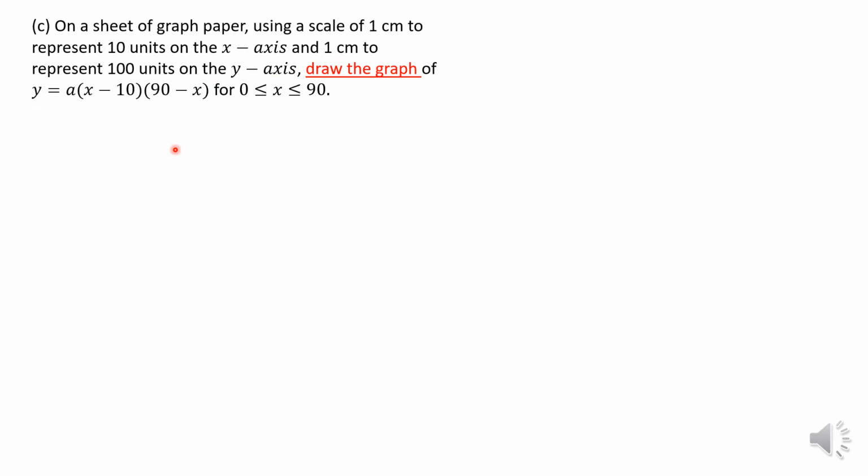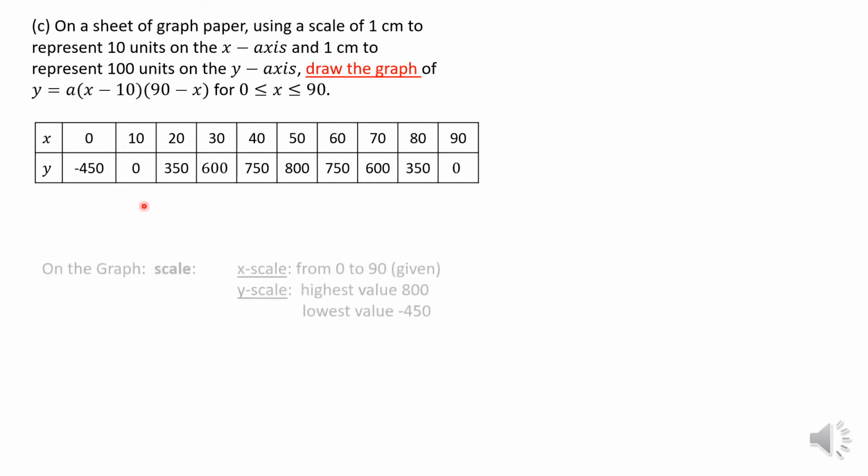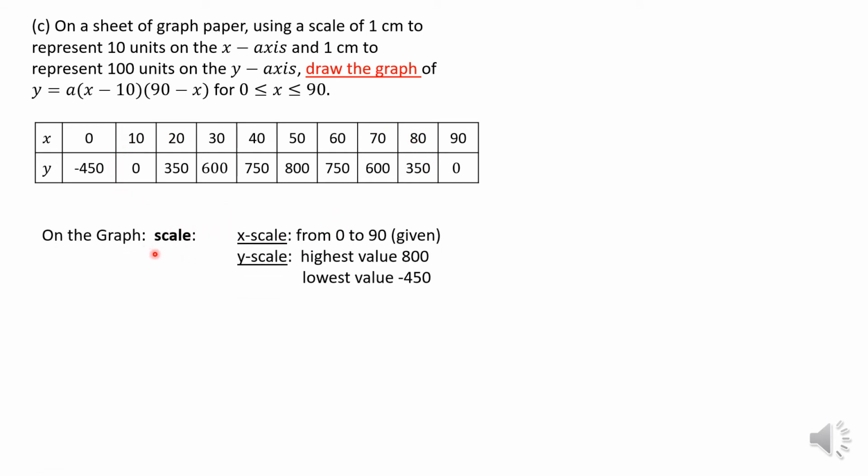Now they want us to draw this on a sheet of graph paper. We are going to use a scale where 1 centimeter must represent 10 units on the x-axis, and 1 centimeter must represent 100 units on the y-axis, and then we draw the graph. Let me bring my completed table back here. If I look at my scale, the highest value of y here is 800, so it will not hurt if my graph can go up to 850 or even 900. And the lowest one is negative 450.